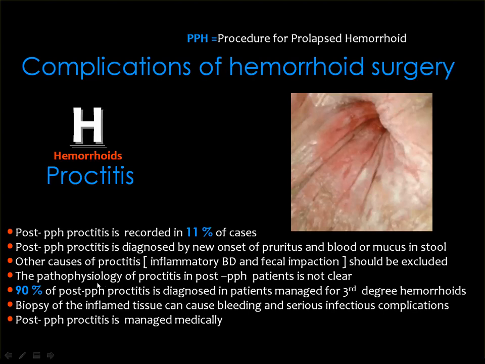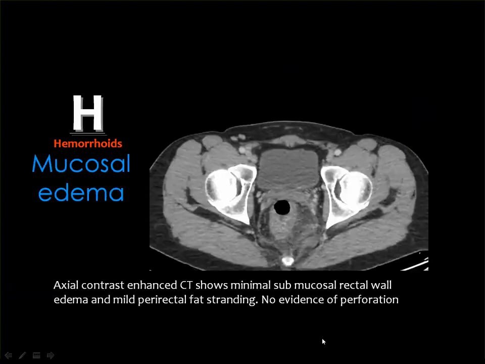The pathophysiology of proctitis after hemorrhoidal surgery is not clear. 90% of proctitis following hemorrhoid surgery is diagnosed in patients managed for third-degree hemorrhoids. And actually, those are the candidates for surgery. If by any chance a biopsy was taken, it may result in serious bleeding and infection complications.